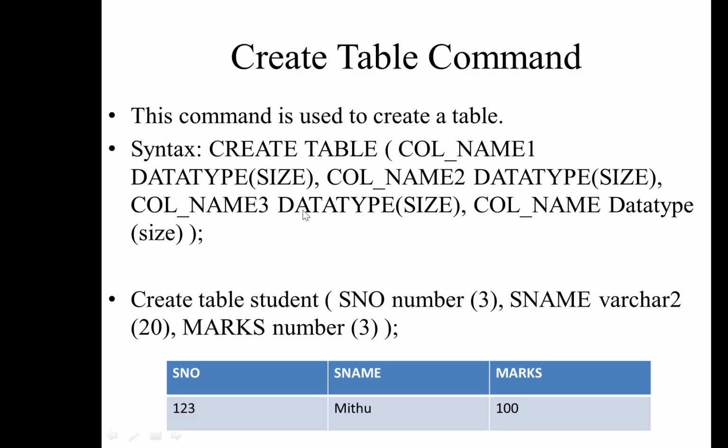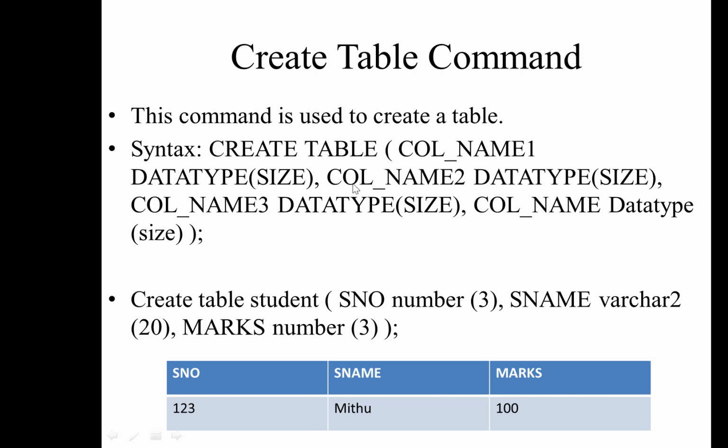We are going to see the syntax and then an example. This command is used to create a table, as you know already, the create table command. If you want to create a table, we have to follow the syntax: create table, then column name 1, space, data type, and within parentheses the size of the column.